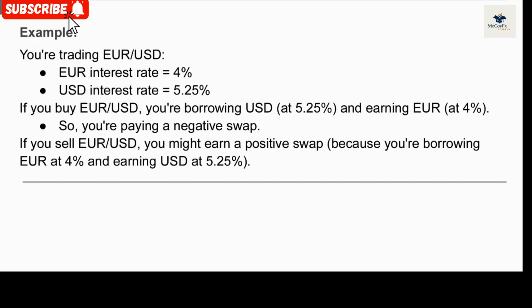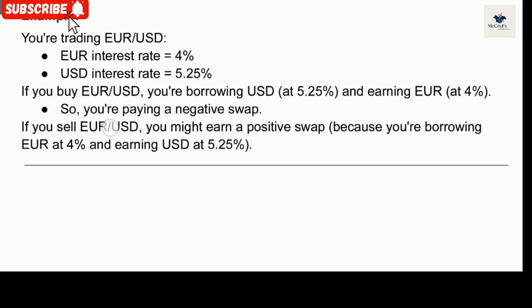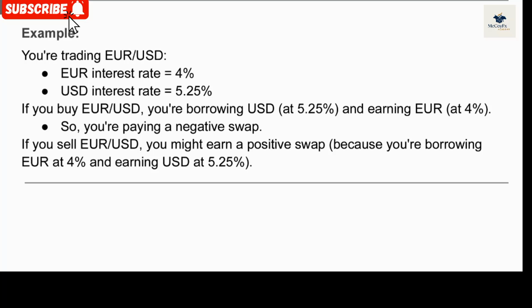I believe we can all remember when we spoke about the base currency and quote currency. The example given here, we can see that the Euro interest rate is 4% and USD interest rate is 5.25. So if you buy the Euro USD currency pair, which means you are trying to say that the Euro is going to dominate the USD overnight, you will be having a negative swap because the interest rate of the Euro is 4% and the interest rate of the USD is 5.25.